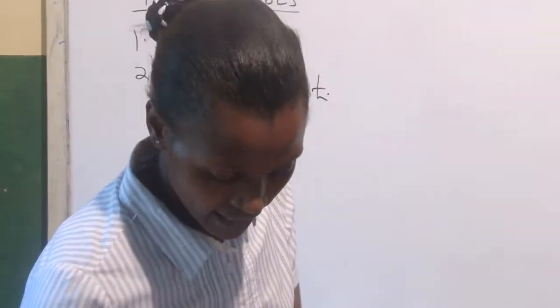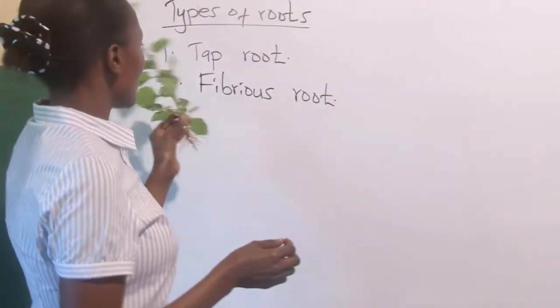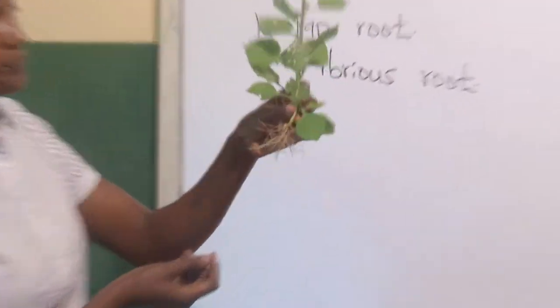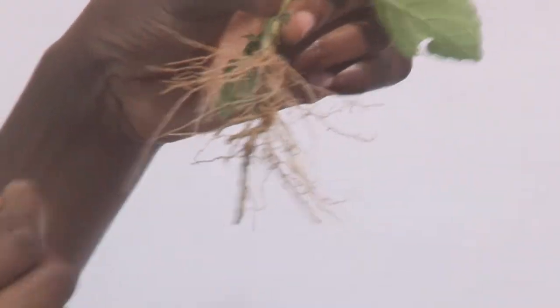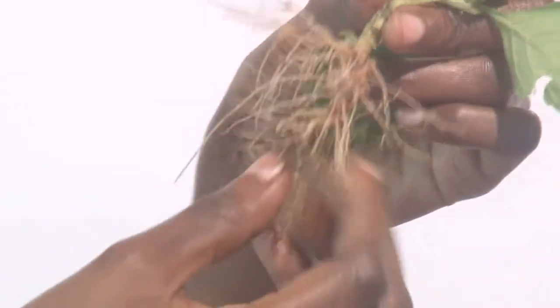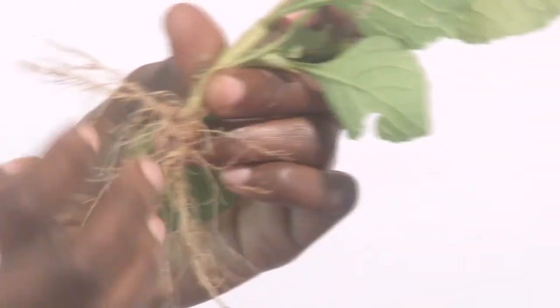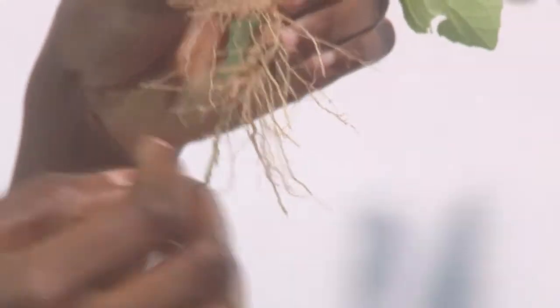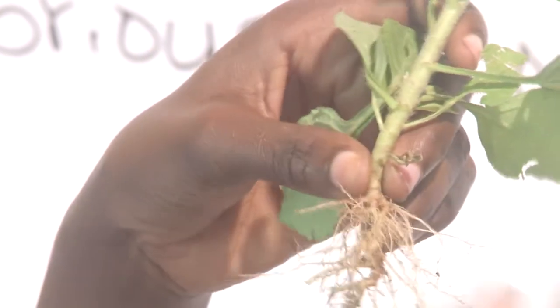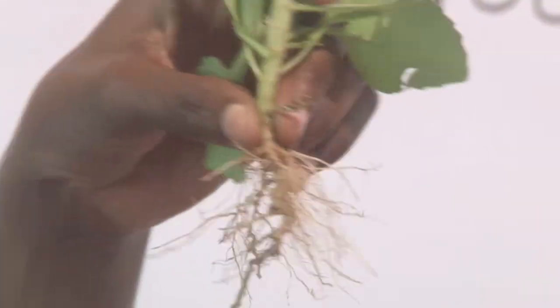Here also I have another root known as the fibrous root. In this plant, we have many main roots emerging from this part here. We have other root hairs also, and it's an example of a fibrous root.